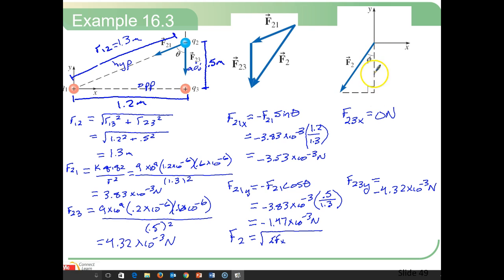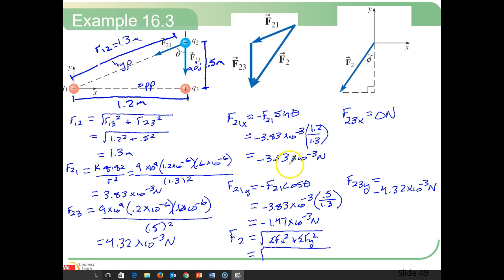There's only one force in the x direction, and there are two in the y direction because we had one for each of the two components. We'll go ahead and plug our numbers in.